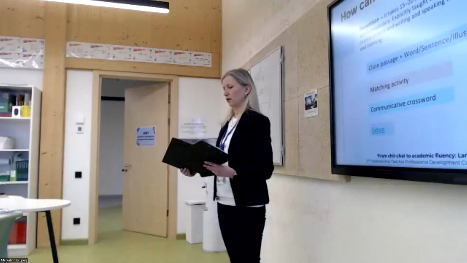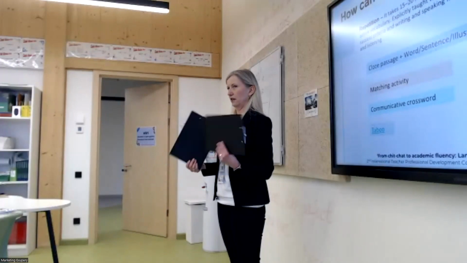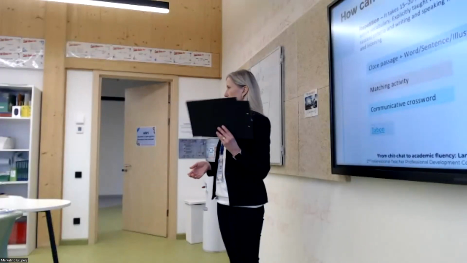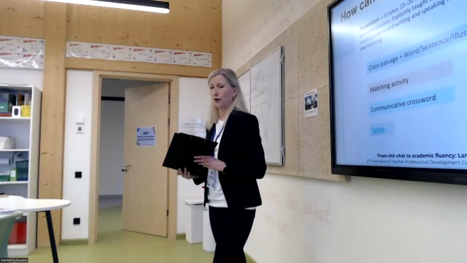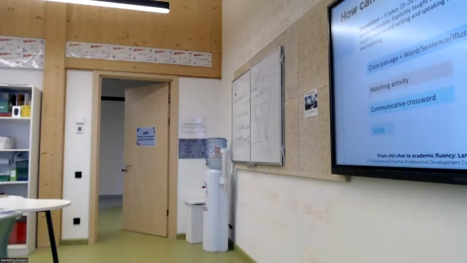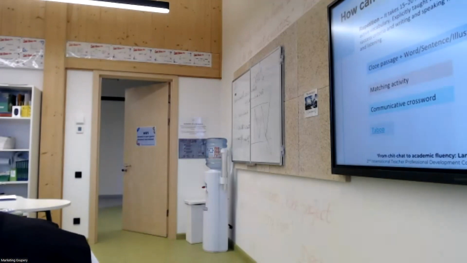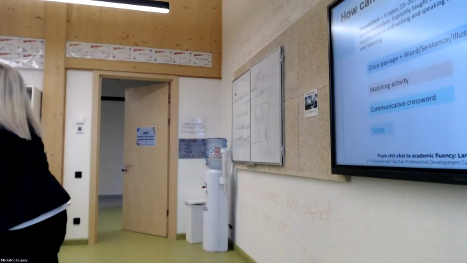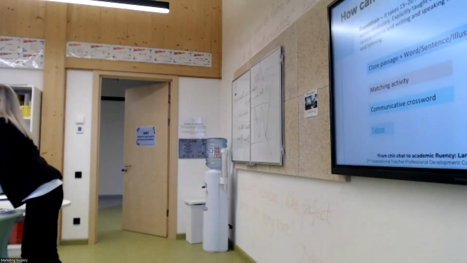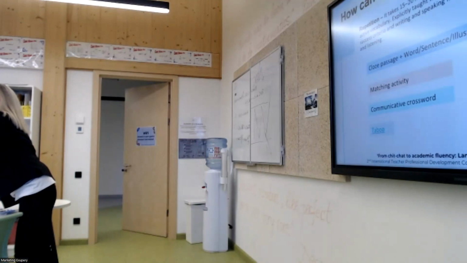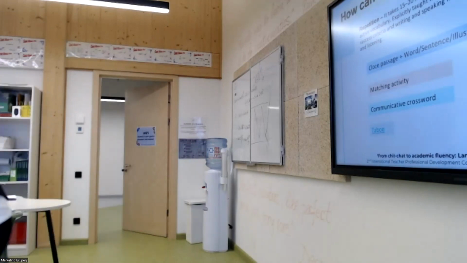Maybe we can all start with the communicative crossword. So I might start with that. I'm just going to randomly assign you. Maybe one person will be the observer in each group.